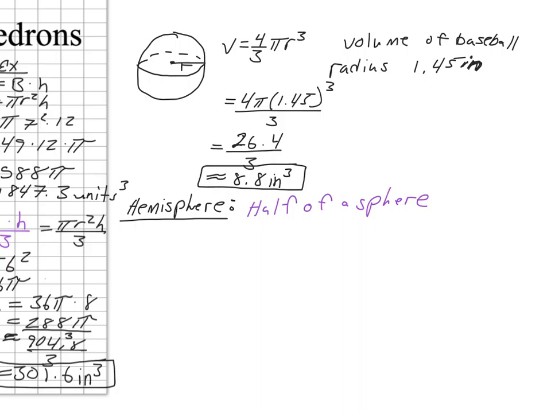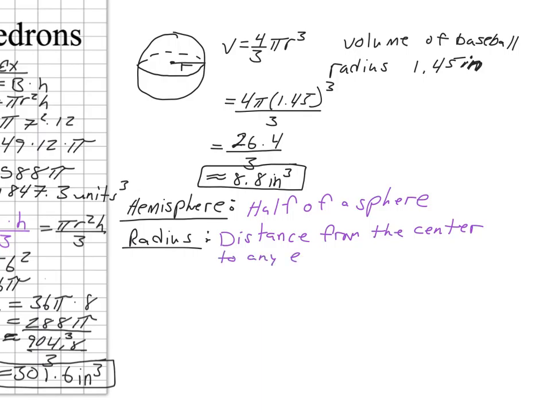Remember, the radius of a sphere is the distance from the center to any edge of a sphere.